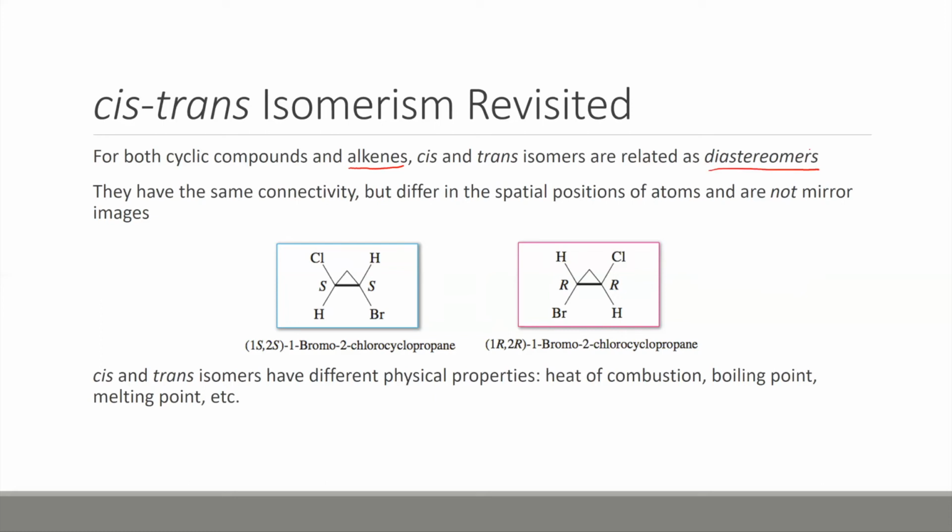They are not mirror images. However, they have the same connectivity but differ in their spatial positions. Cis and trans isomers do have different physical properties because they are diastereomers. For example, their heat of combustion, boiling point, and melting point are different.